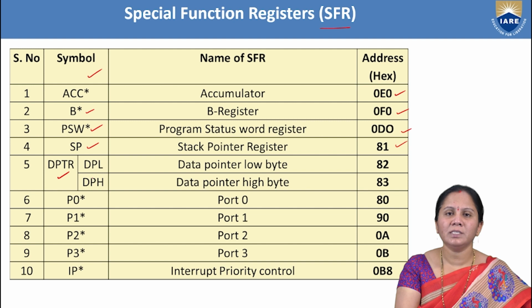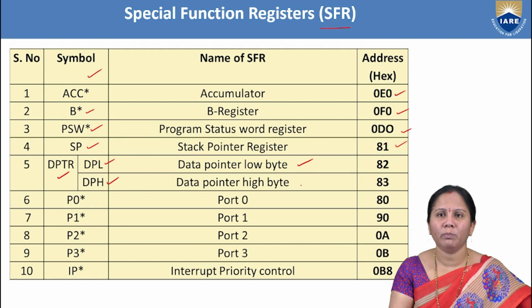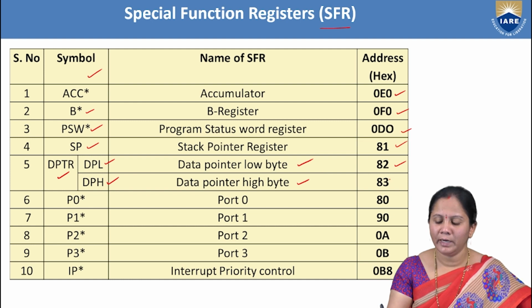DPTR means data pointer. It is a 16-bit register. It can be divided into two 8-bit registers as DPL and DPH. DPL stands for data pointer low byte, and its address is 82, whereas DPH stands for data pointer high byte, and its address is 83.